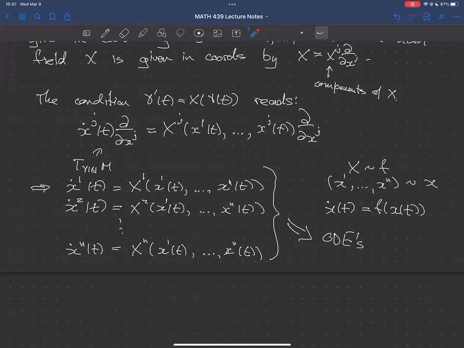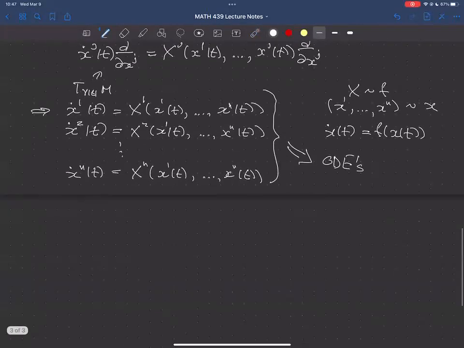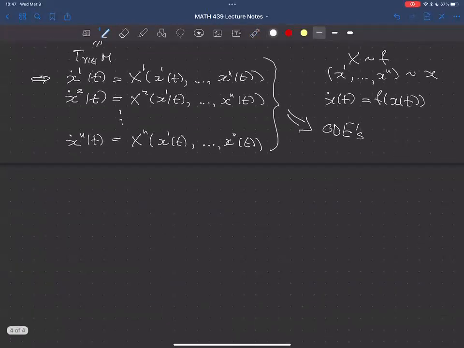So I will summarize that conversation, which you may or may not have understood any part of. I don't really know what you did in 237. I will summarize that as follows. Since x is of class C infinity, it is locally Lipschitz.